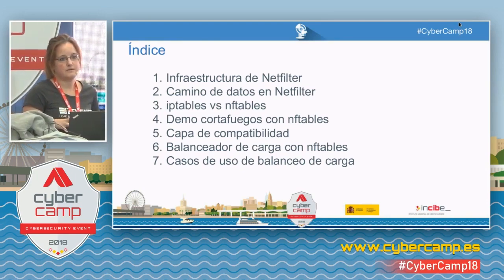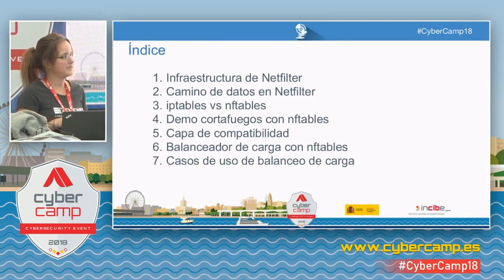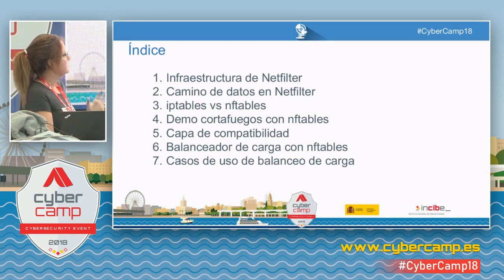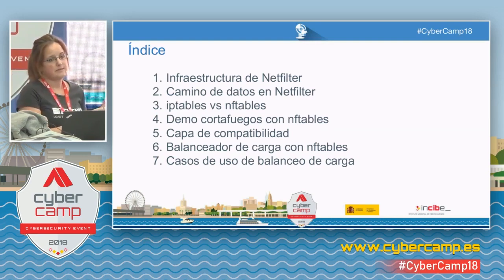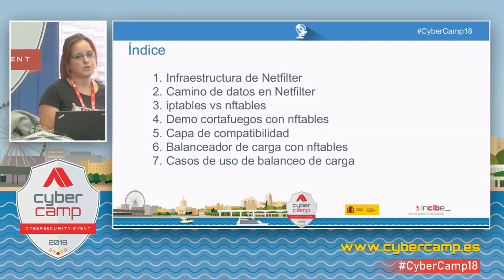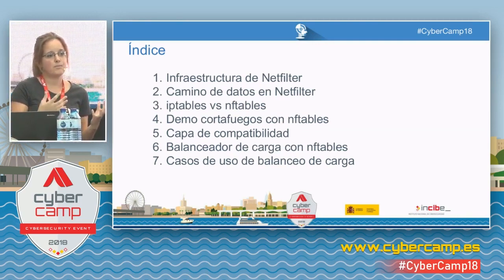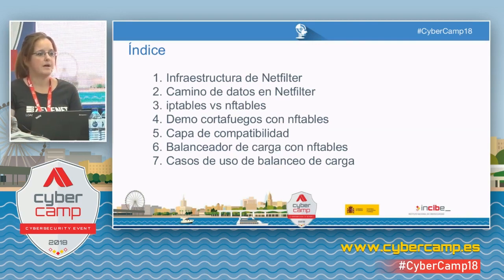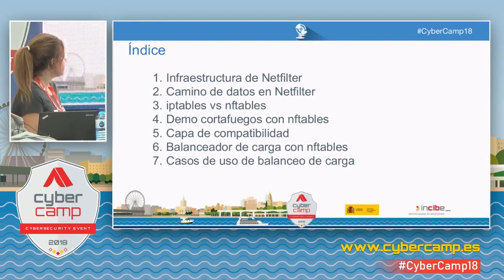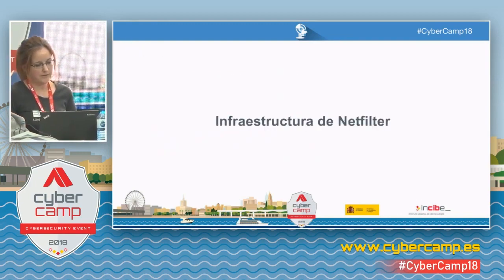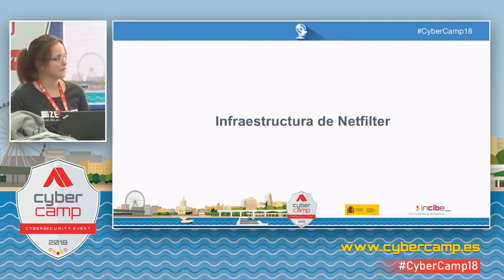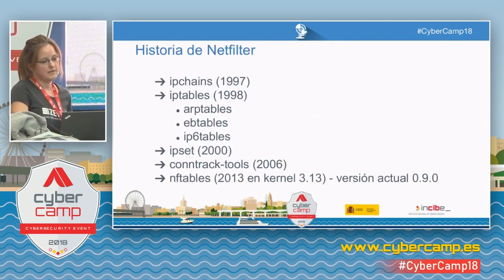Then the difference also between iptables and nftables. That is quite a broad area. If we have time, we will have different demos for firewalls and load balancing and the compatibility. You will see later how you can then migrate to nftables. So let's start with the infrastructure of Netfilter.